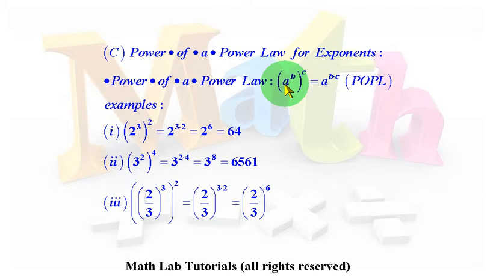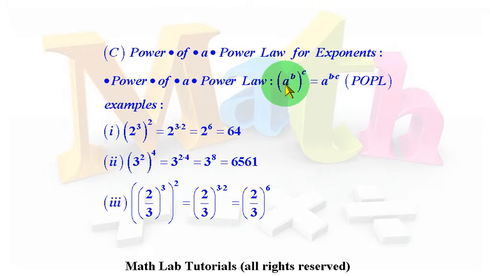For example, if we have a to the power 3 all to the power 2, we have 3 a's inside the brackets, and then to the power 2 means that you have a block of 3 a's, but twice. So you have a product of 3 a's times the product of 3 a's, you have a product of 6 a's altogether. And that's why this particular law works.